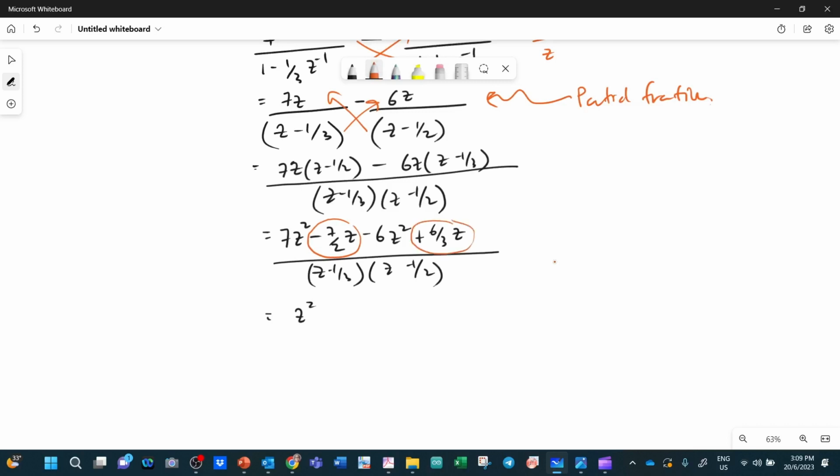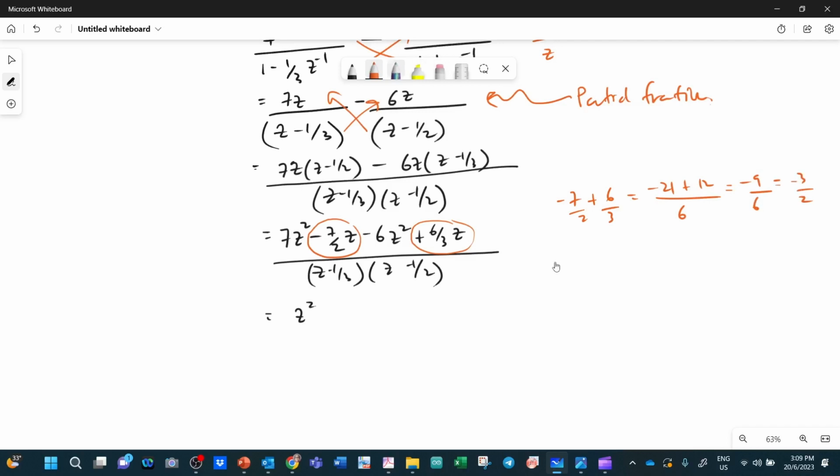Then for the z terms, you get minus 7 over 2 plus 6 over 3, right? So just cross multiply that: minus 21 plus 12, over 6. What do you get? Minus 9 over 6, so you get minus 3 over 2.